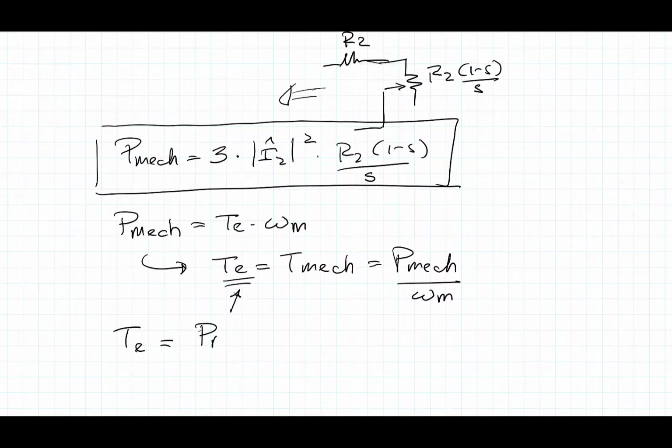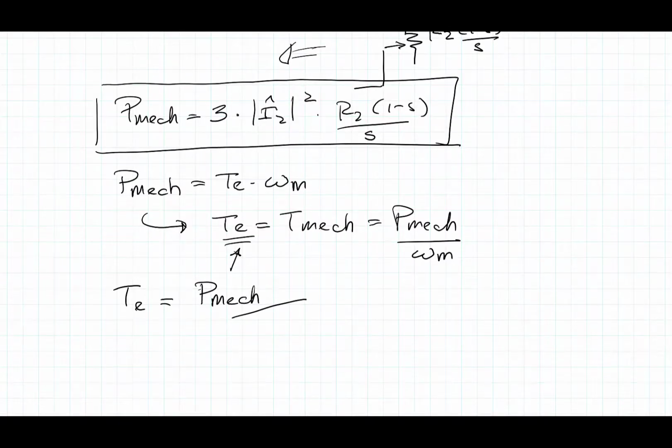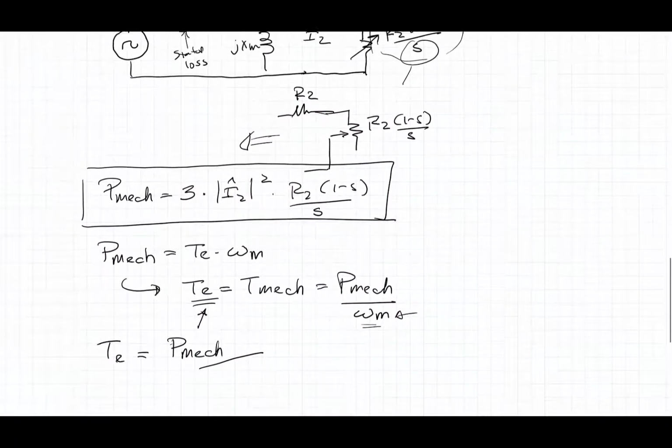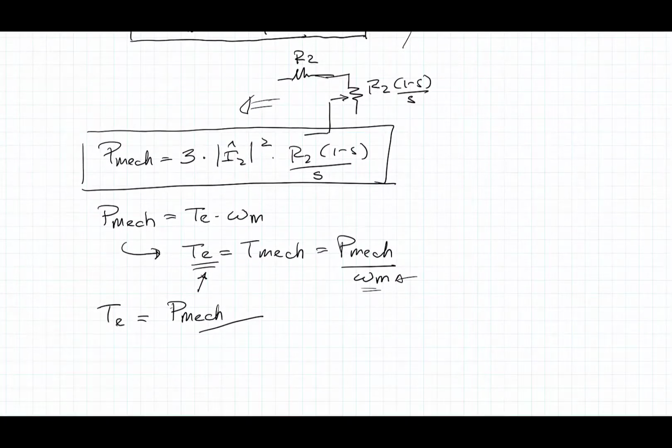So I'm just going to keep this symbolic right now. And let's say, what is the mechanical speed? I know this speed already for this example, so I can just plug it in. But to write it symbolically, remember that the mechanical speed is equal to 1 minus the slip times the synchronous speed, omega s.